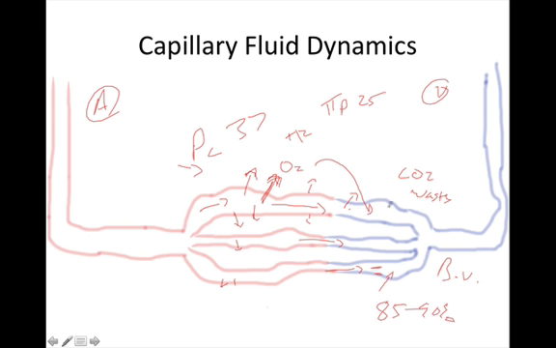You put all that together, now we favor reabsorption. Those plasma proteins, chiefly albumin, are now going to pull those fluids back into the bloodstream via reabsorption. Like I said, 85 to 90% of what we filter out is reabsorbed directly back into the bloodstream.